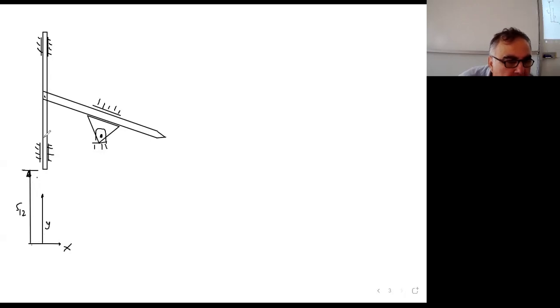So the links are: the ground is 1, this is 2, this is the 3rd link, and this is the 4th link. The 4th link just makes a rotation, as you see over here.